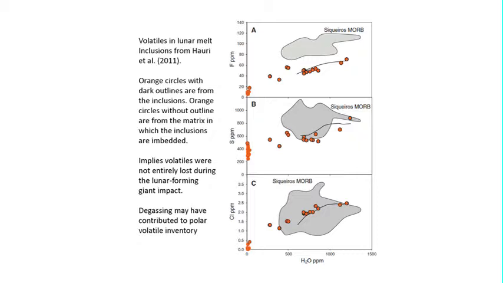But having lunar magma with these kinds of water or volatile abundance does change the nature of our interpretation of the lunar forming giant impact. By the way, these circles here without the black rims are the matrix in which these inclusions are embedded, and they are dry.